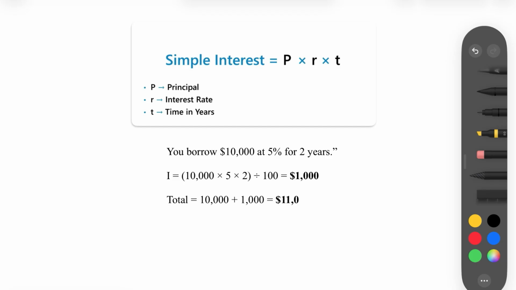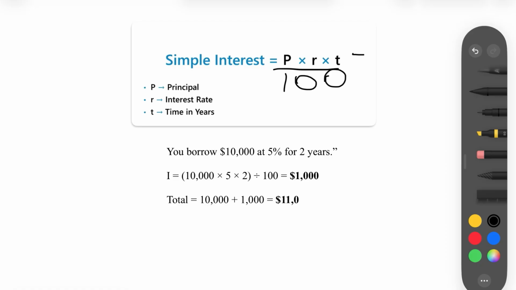So when you substitute everything into the formula, it is put over 100. After calculating this up here, it is then divided by 100.